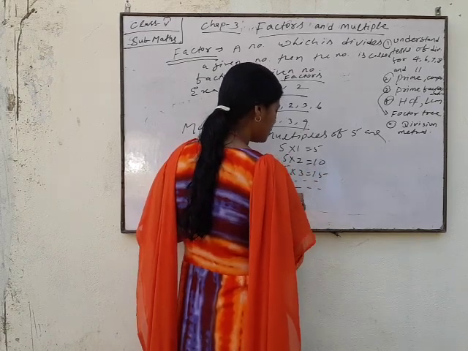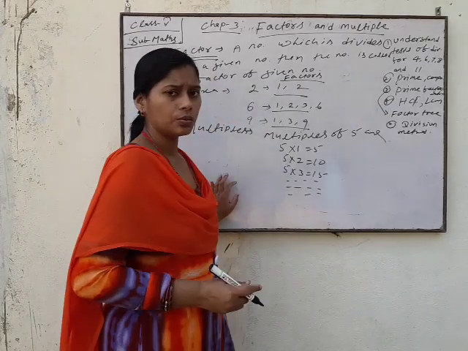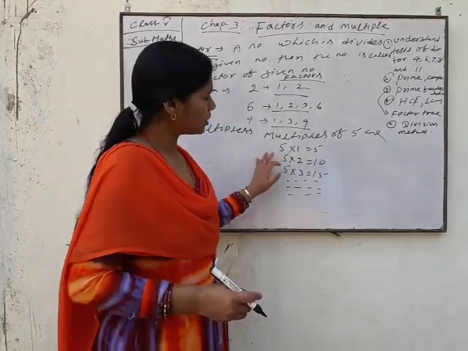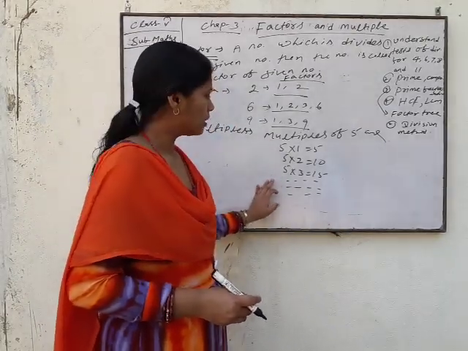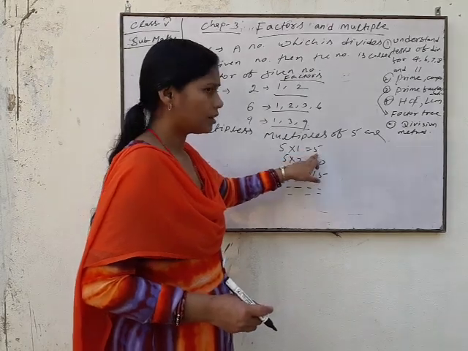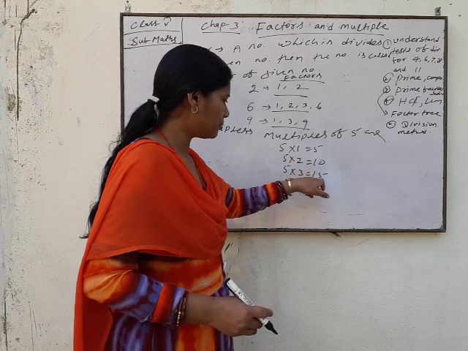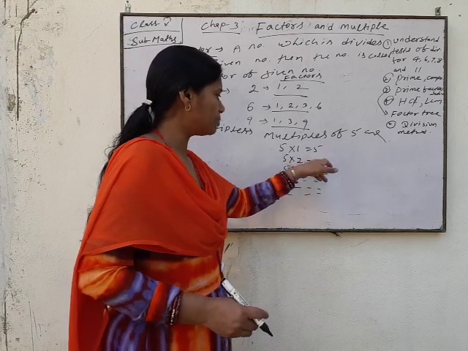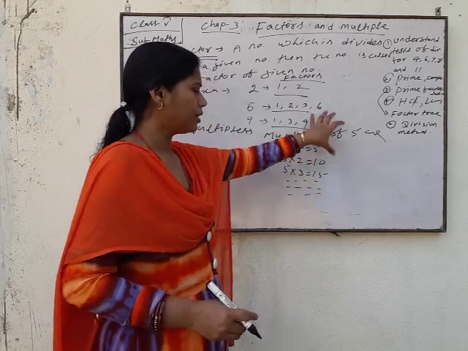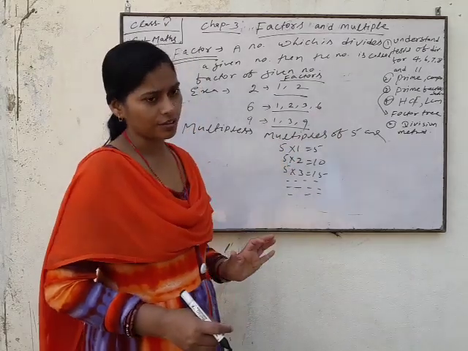In this way we can find multiples of 5. There are infinite multiples. So 5, 10, 15, 20, 25 are the multiples of 5.